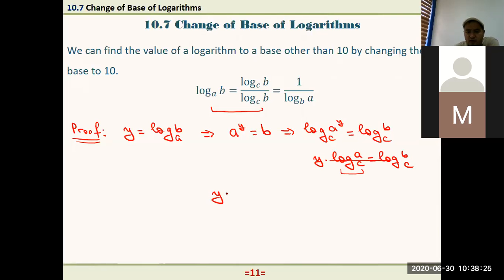We get y equals logarithm of b to the base c over logarithm of a to the base c. Okay, so what is y? Y equals this thing. So I can just write at the same time that the original is equal to logarithm of b to the base c over logarithm of a to the base c.